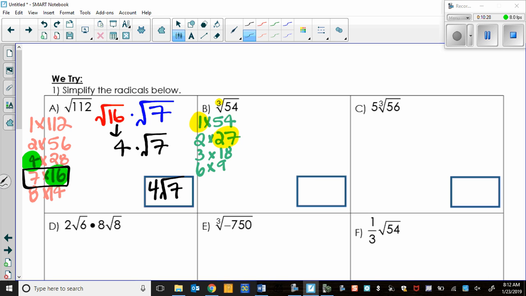So I think we know which combination we're going to use, which is 2 times 27 will give you 54. So the first radical will hold my perfect cube of 27, and the second one will hold my radical that is not a perfect cube. And you might be asking, okay, how did you know it was 27?